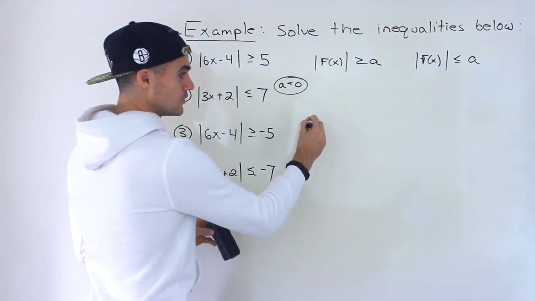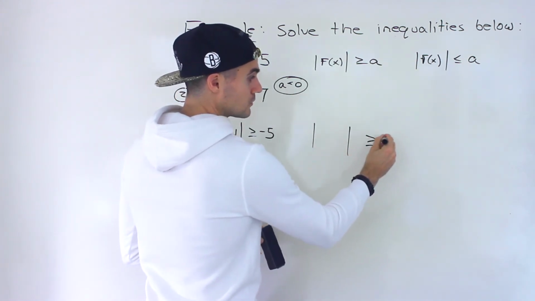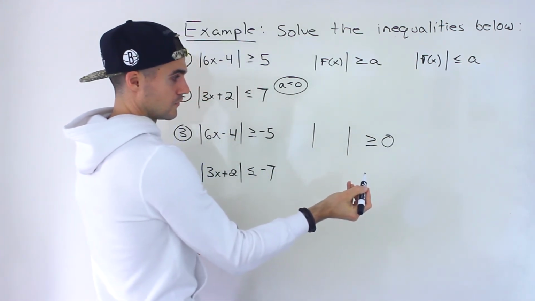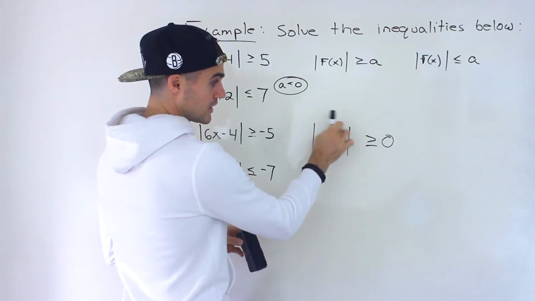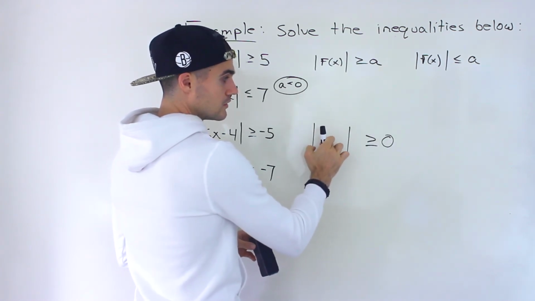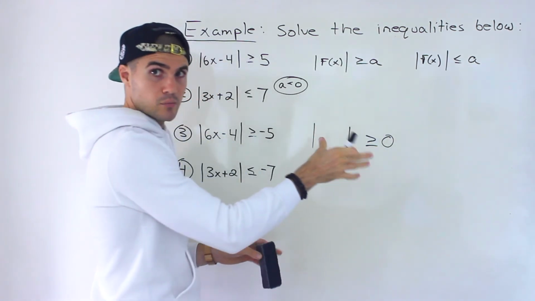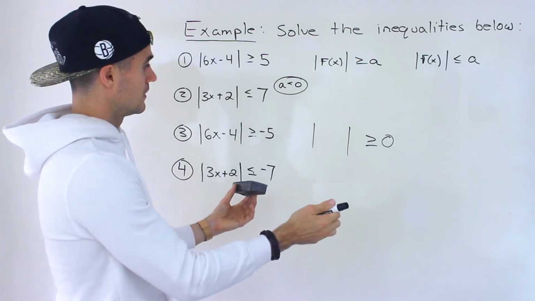The absolute value of anything is always going to be greater than or equal to 0, no matter what it is. It could be 0. If you get 0 here, the absolute value is 0. But if you get a negative number, then that's going to change to a positive number. If you get a positive number, it's going to stay a positive number.